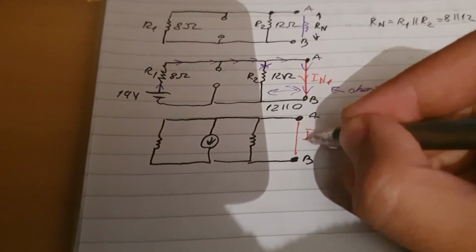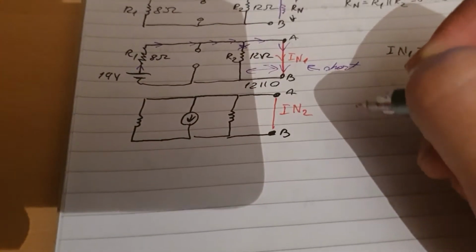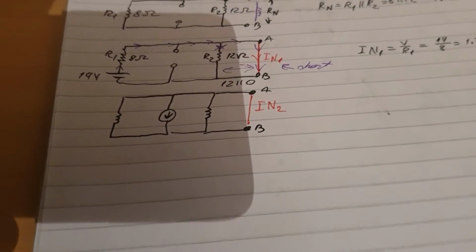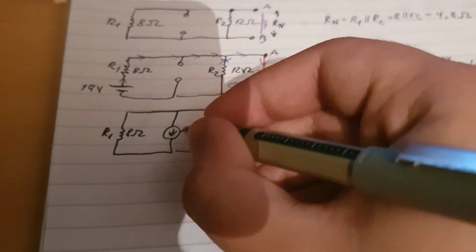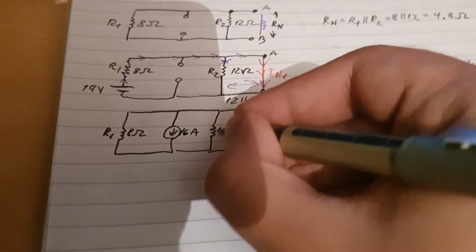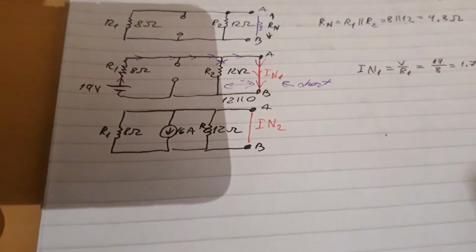And this one will be IN2. You'll see in a moment why I didn't draw the current direction yet. So this will be R1, 8 ohms. This one is 16 amps. And this one is 12 ohms, R2.